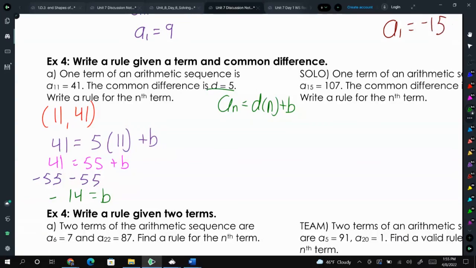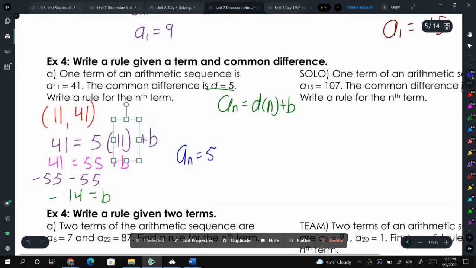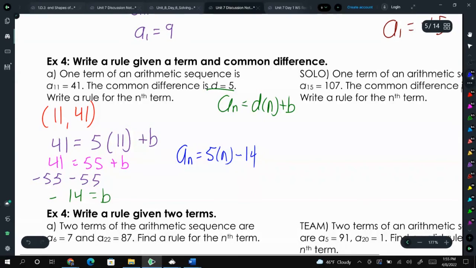Negative 14 equals b. So that means our explicit formula is a sub n equals 5n minus 14. And you can double check that by plugging in 11. And if you do 5 times 11, you get 55. Minus 14 is 41.